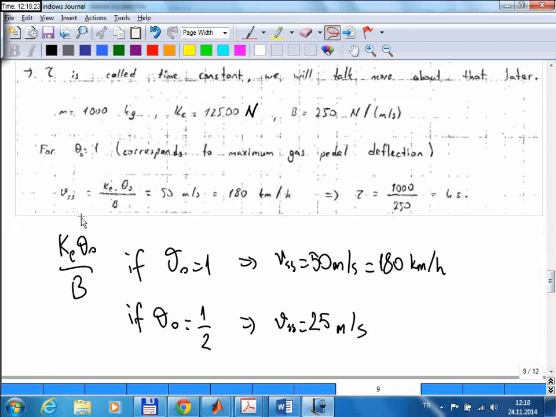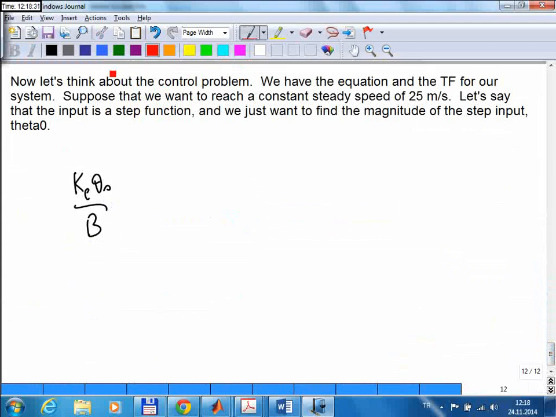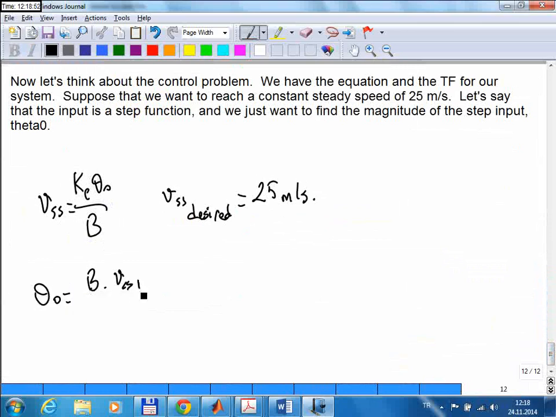So VSS is equal to this parameter, right? So the desired speed is 25. So theta 0 can be solved very easily from here. B times VSS desired.